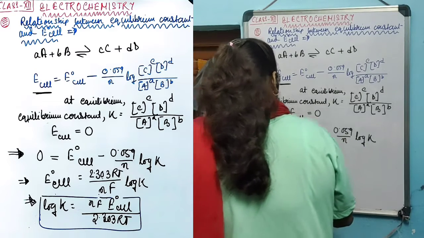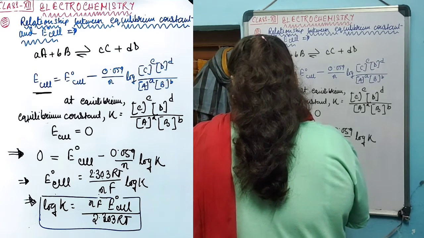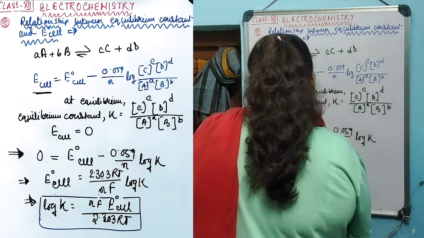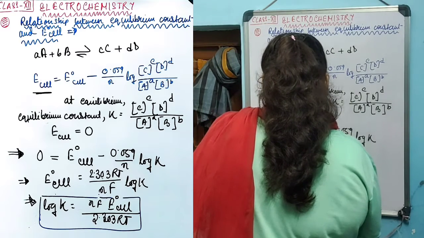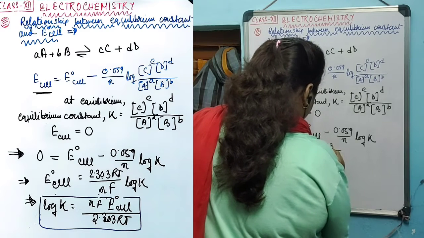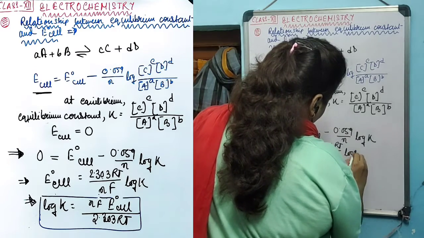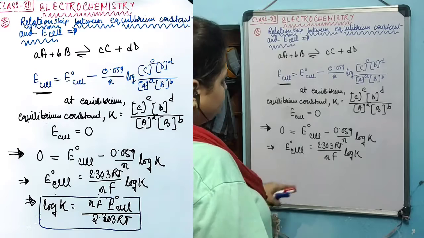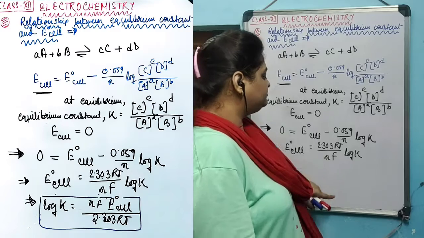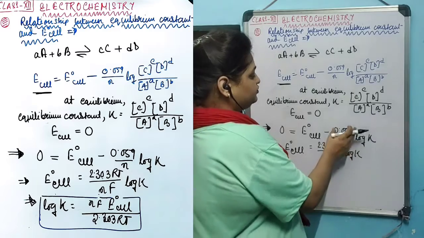Now by taking this entire value to the opposite side, we have E naught cell equals 2.303 RT by F log of K. This was the value where, by putting 25 degrees Celsius in place of T and putting the values of the Faraday constant and the universal gas constant, we calculated that value to be 0.059.